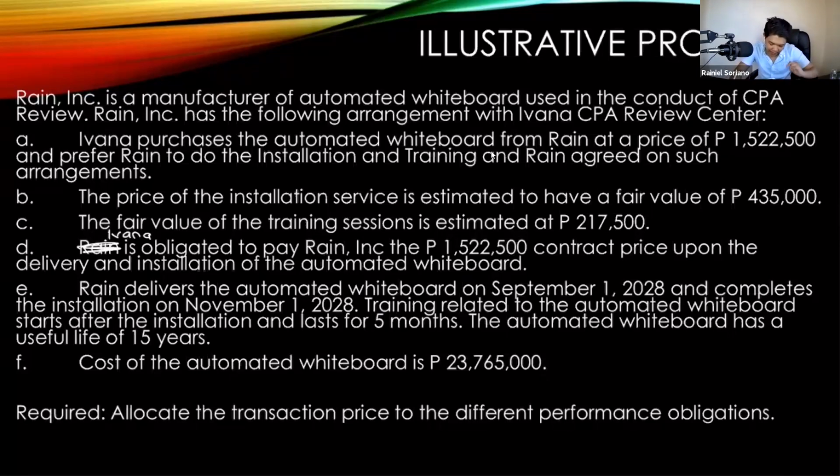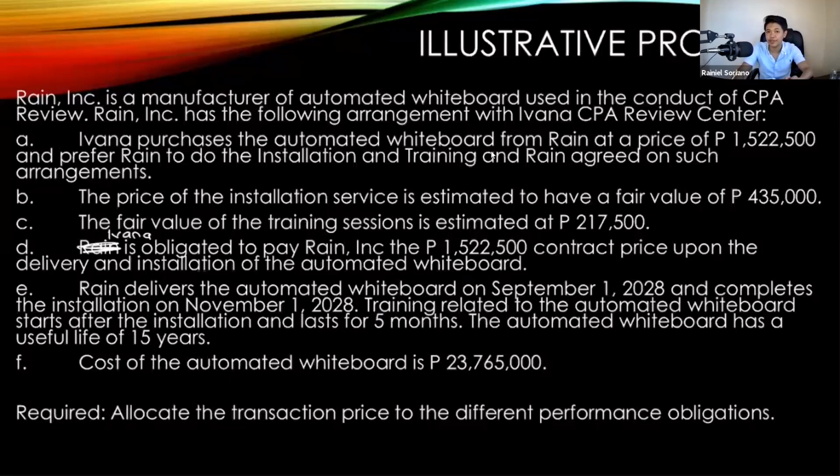Letter echo, Rain delivers the automated whiteboard on September 1, 2028 and completes the installation on November 1, 2028. Training related to the automated whiteboard starts after the installation and lasts for 5 months. The automated whiteboard has a useful life of 15 years. Letter F, the cost of the automated whiteboard is 23,765.